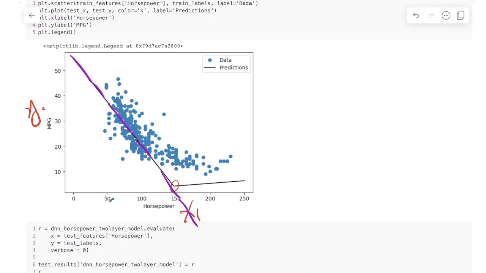Right, different lines, right? But at this point, on the right hand side, for x1 larger than 150, part of the neuron output value, that is y.